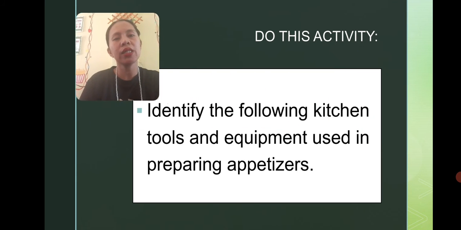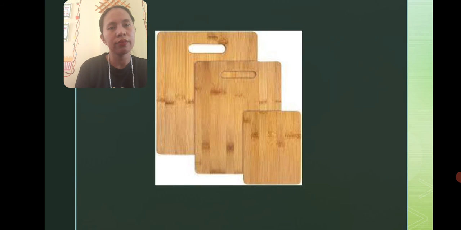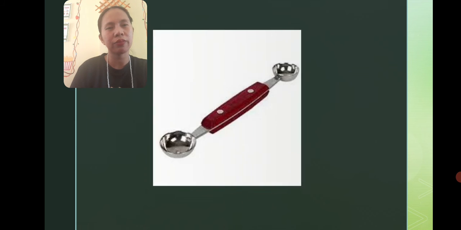Now, let's do this activity. Identify the following kitchen tools and equipment used in preparing appetizers. What do you call this one? If your answer is cutting board, you are correct. And this is, of course, a ball cutter. Very good.